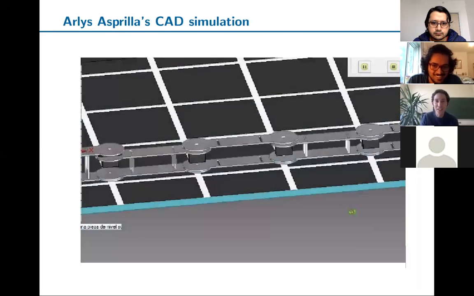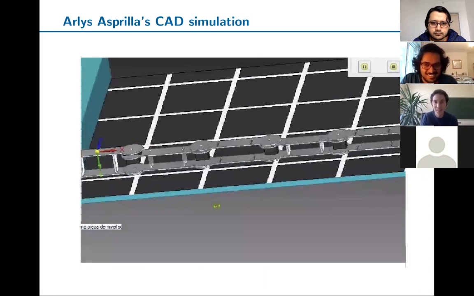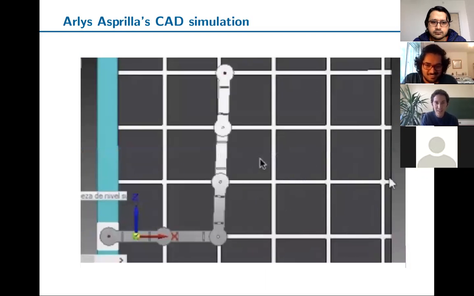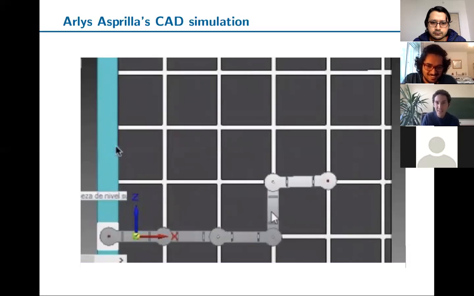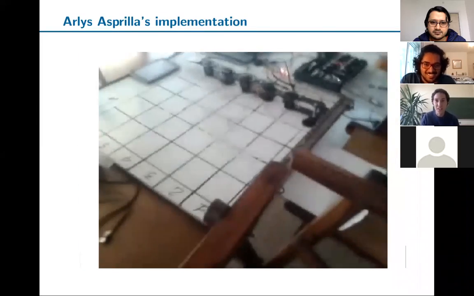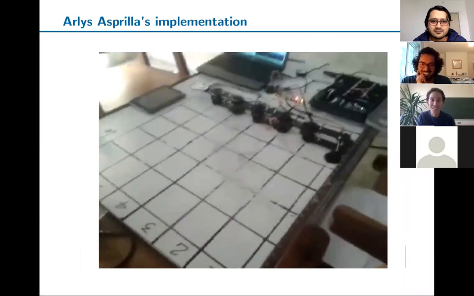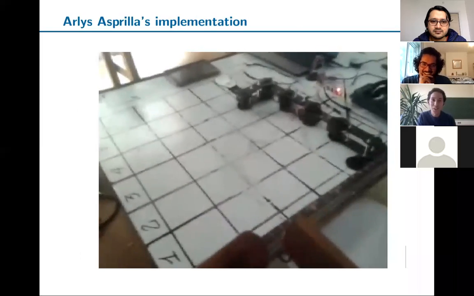So he was explaining, okay, you need to use some kind of motors and you need to use these materials and you should do it like this. And this is his simulation. And this is how the robotic arm should move. And actually, he did not just stop here. He actually went ahead and constructed a robot for us and was implementing the code.